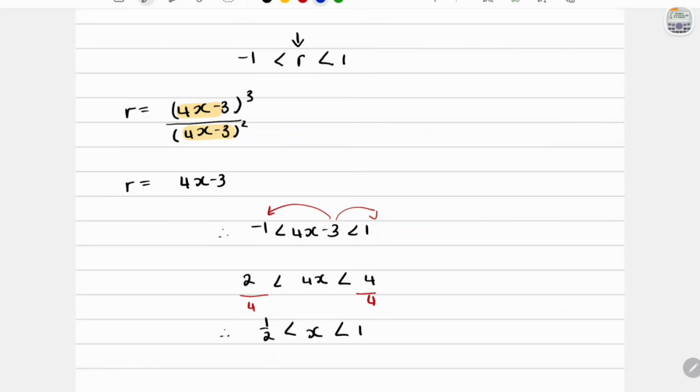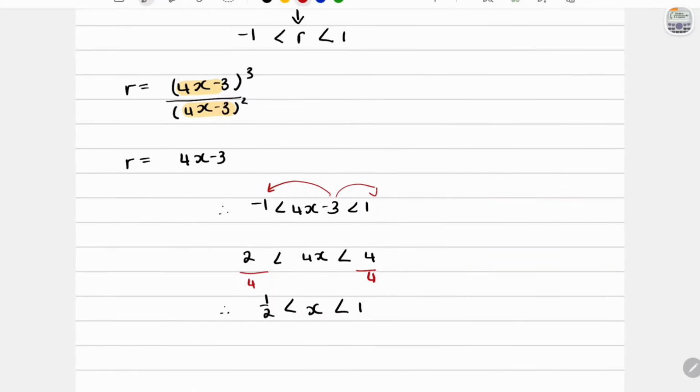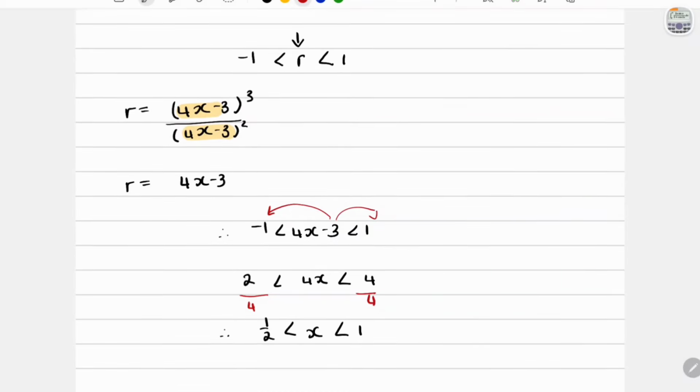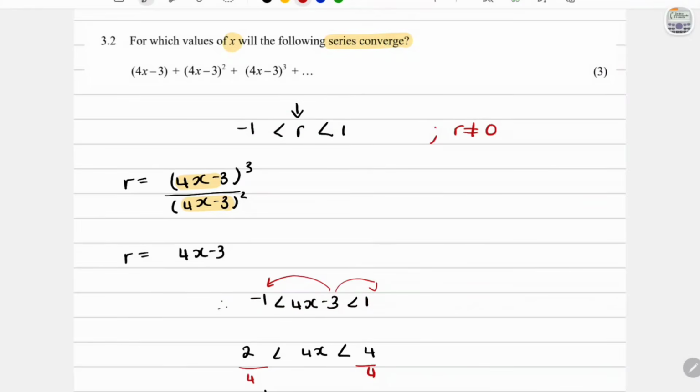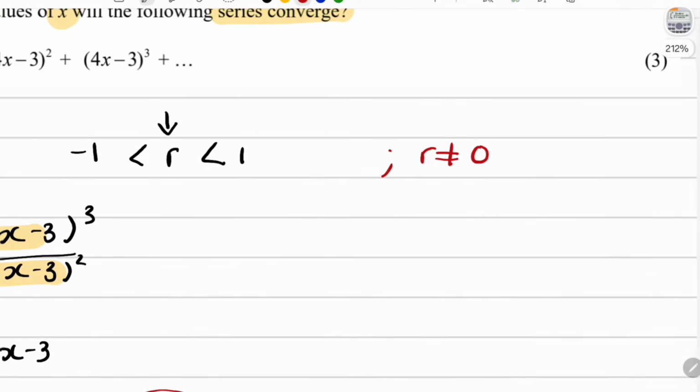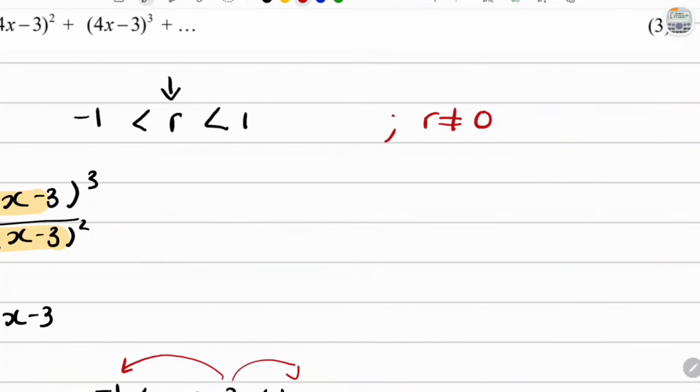Okay, grade 12s, I just want to add something. For this answer, I know that in the memo you would have probably seen that they said that r should not be equal to 0. I'm just showing you why r cannot be equal to 0.